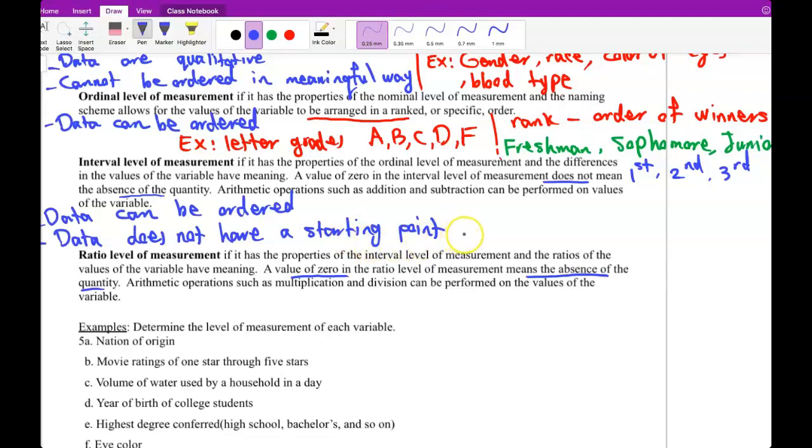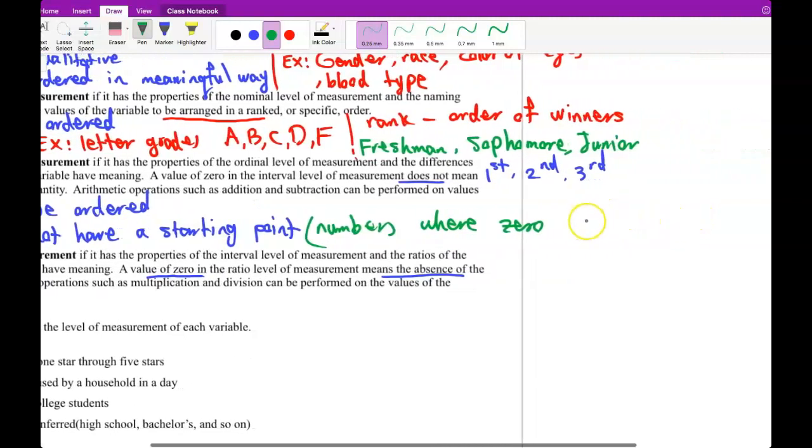We're not starting with 1 or whatever number. In other words, numbers where 0 is not the beginning point.